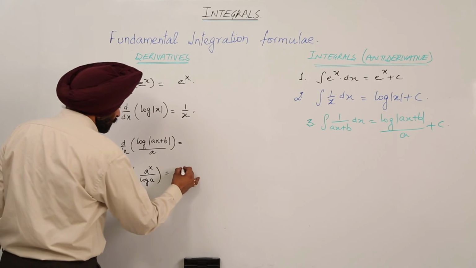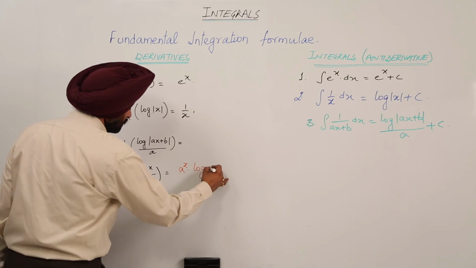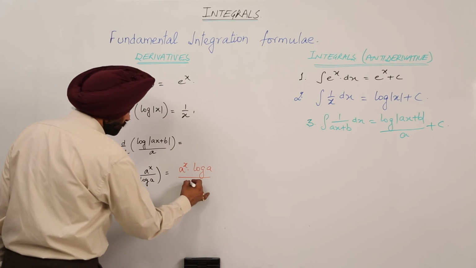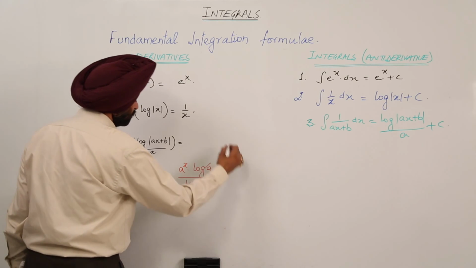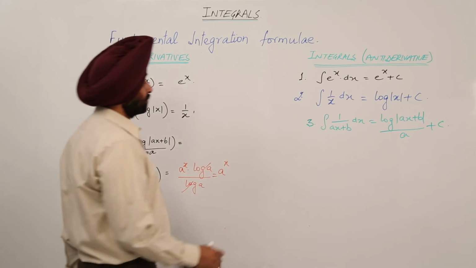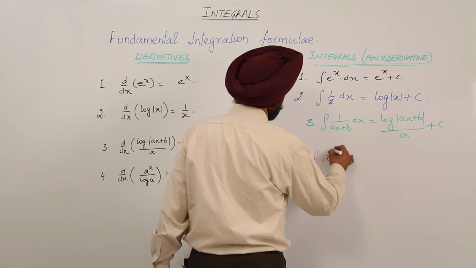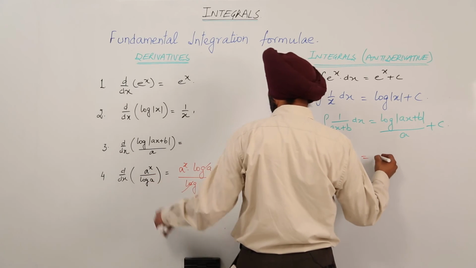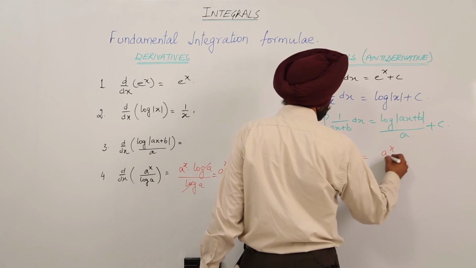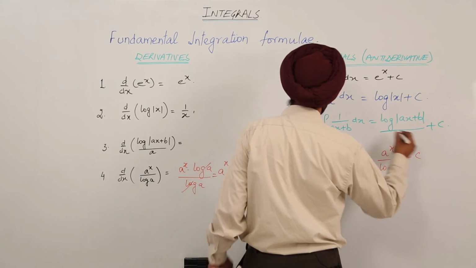It was a raised to power x with log a upon log a already given. So this and this cancel. What is left? A raised to power x. So number 4 now, integration of a raised to power x dx is equal to a raised to power x upon log a plus c.